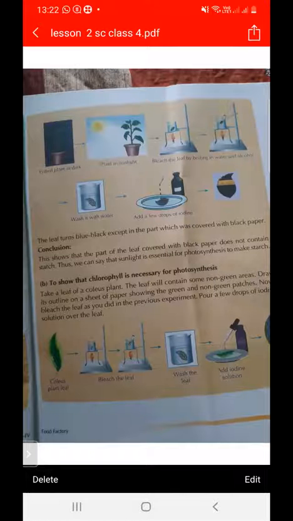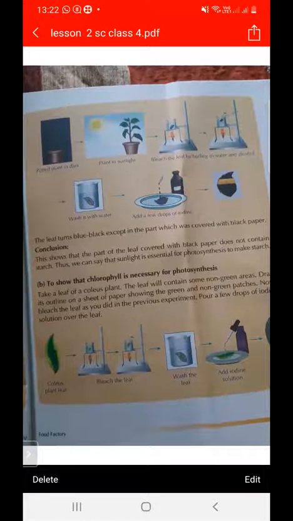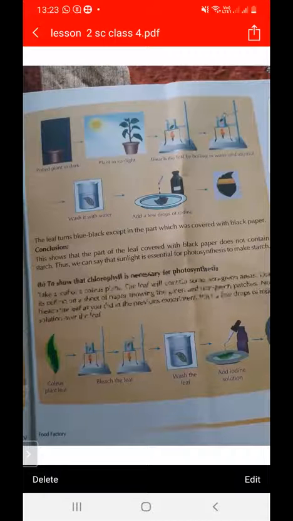Now remove one of the leaves which was covered with black paper, remove the black paper, and boil the leaf in water. After boiling in water, boil it in alcohol, and then wash it with water and add a few drops of iodine solution.